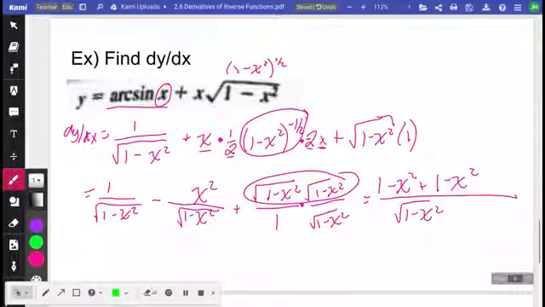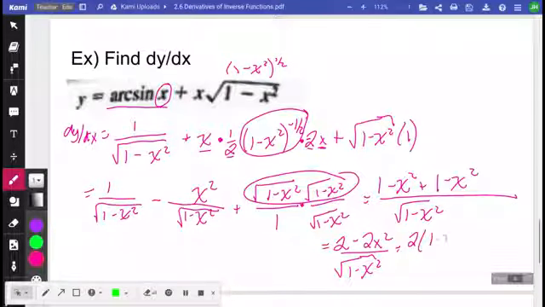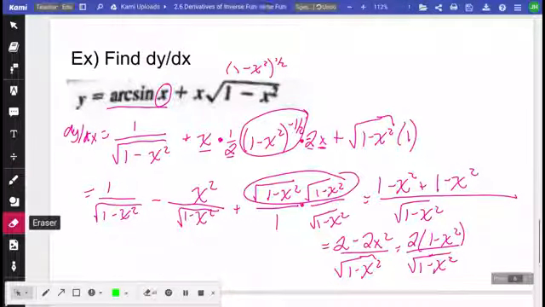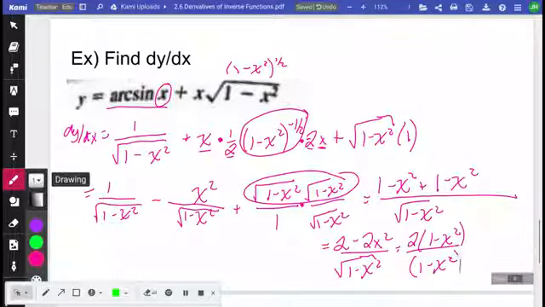And that will simplify a little bit, because if you notice in the numerator, I now have 2 minus 2x squared over the square root of 1 minus x squared. And I can actually factor that 2 out, and you should, because that leaves me with 1 minus x squared, which is familiar because that's also in the denominator. But actually, I'm going to erase that root because remember, that root also means the 1/2 power.